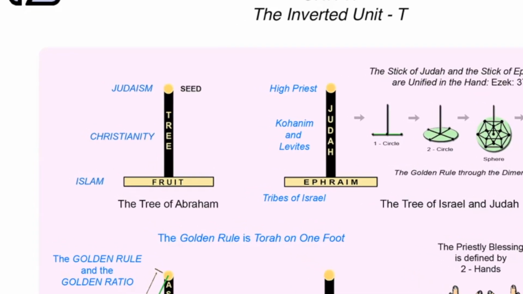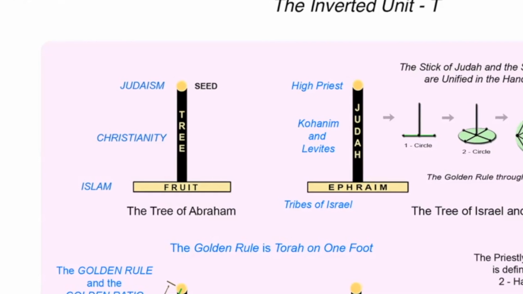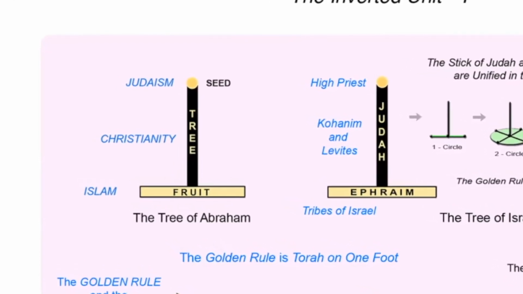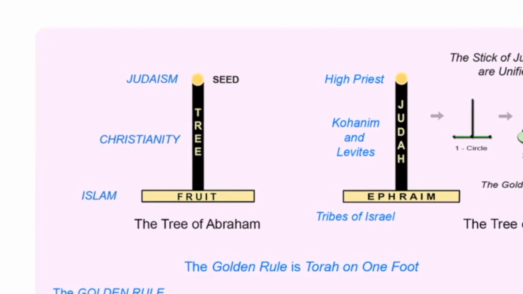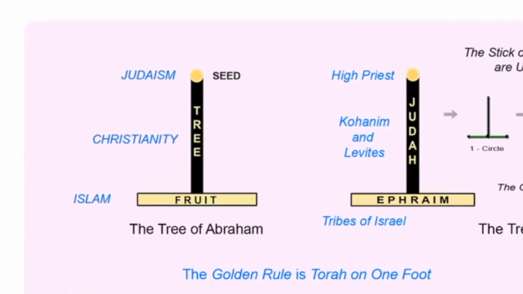He was looking at what's called the Abrahamic faiths, the three religions stemming from Abraham, and putting it into this metaphor, the tree and the fruit. He was very clear that it wasn't an absolute, but looking at Judaism as the seed, Christianity as the tree, and Islam as the fruit, and that it was an ongoing process, as nature is, cyclical.